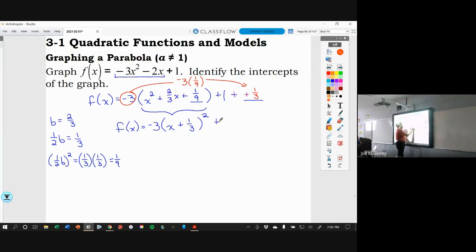Would it also be correct to just write plus 1 and 1/3? We don't do that. As soon as we got to high school, we quit using mixed numbers. Unless you're talking about like, I'm not going to say that I ate 4/3 of a cupcake.